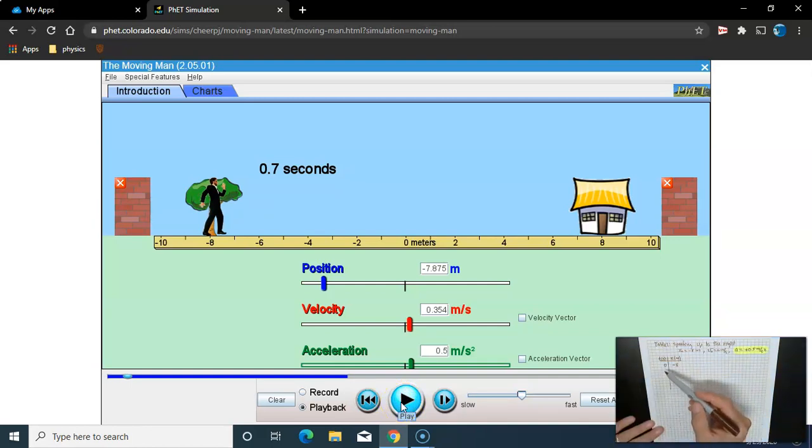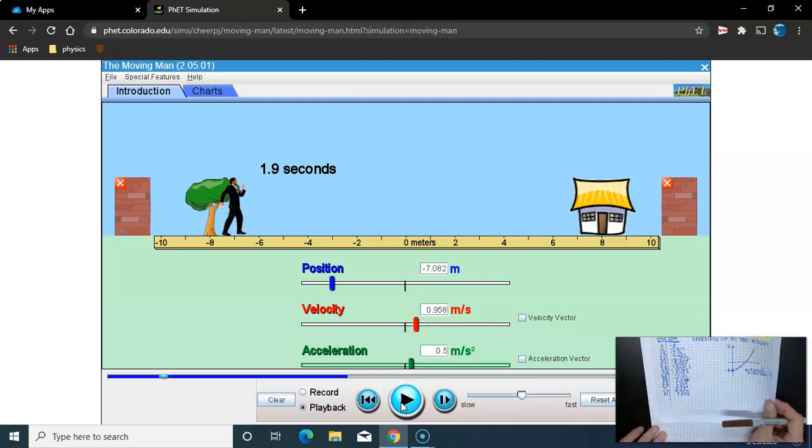If you don't get exactly 0.5, like right now I got 0.7, you write the data 0.7, the position is negative 7.875. Play. 1.9, etc. And you keep getting the data. When you finish, let me show you from the previous class, you will get something like this. And this is how you get the data.